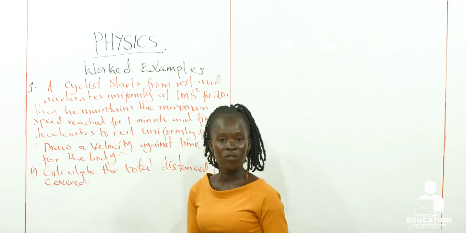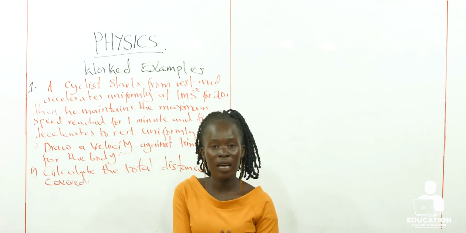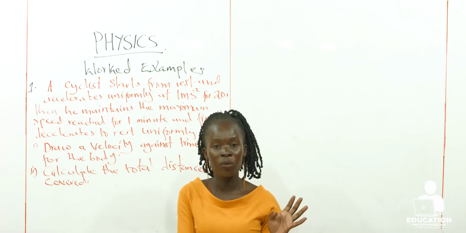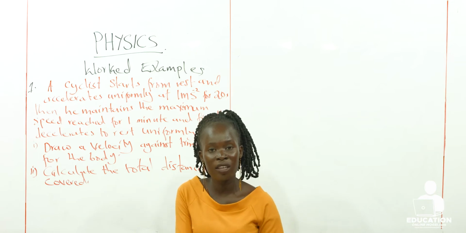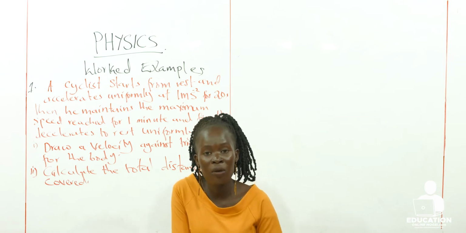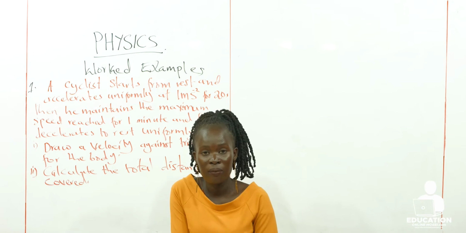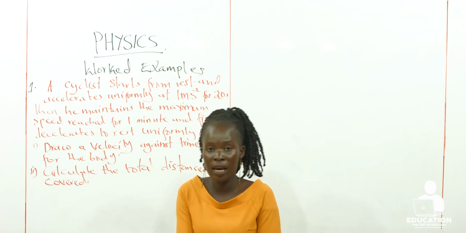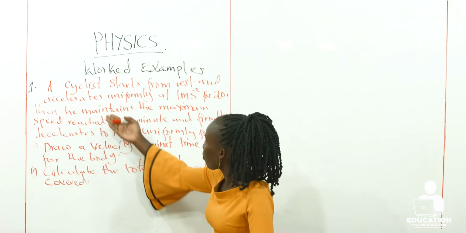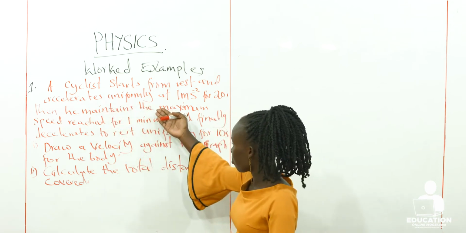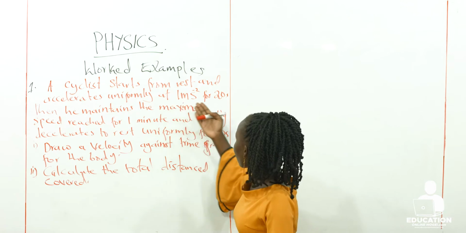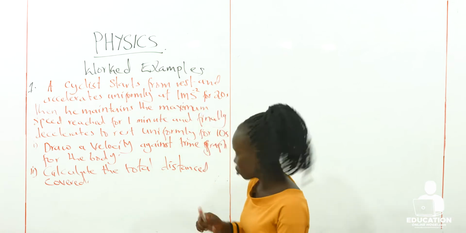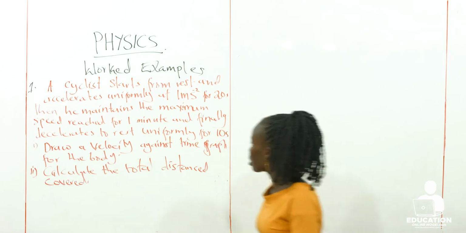In our previous lesson, we looked at the graph of velocity against time for a body moving with uniform acceleration. How is the line supposed to look in the graph? Here our body moves with uniform acceleration, then it moves for 20 seconds. So let us try to draw this velocity time graph.